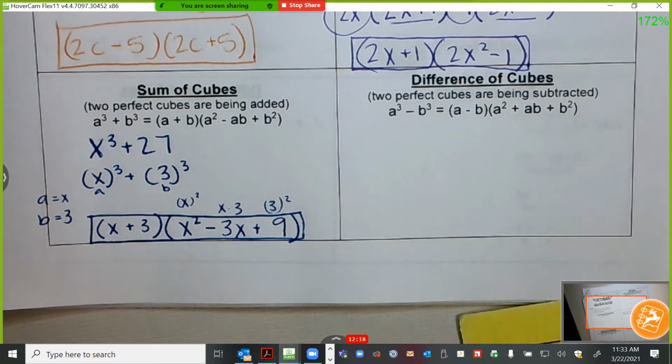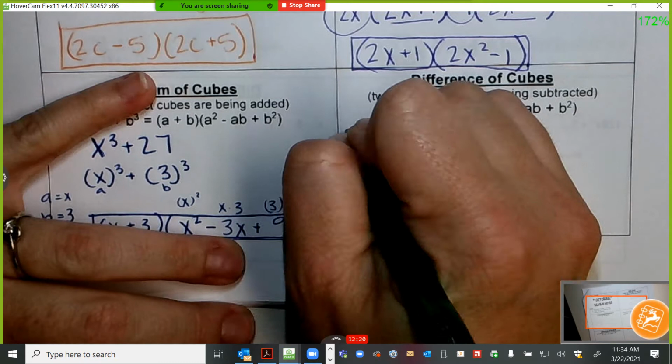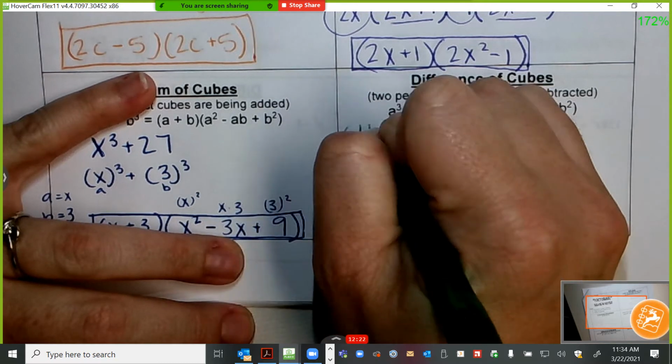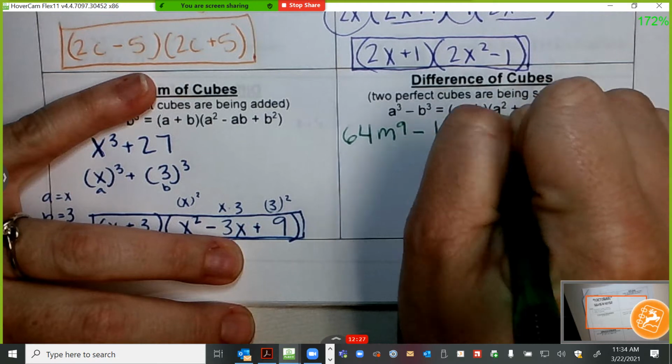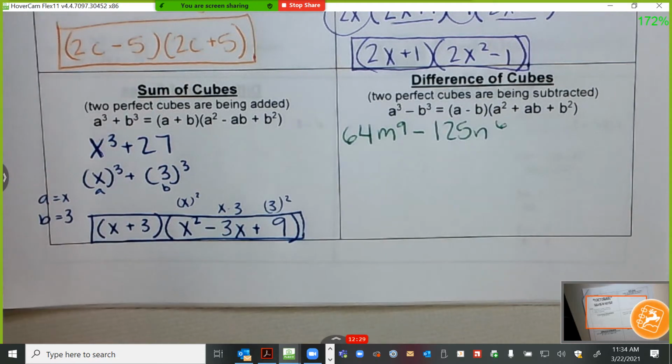Okay, so the last one is difference of cubes. This one's going to be a little tricky. That's m to the 9th power, by the way. I kind of drew that kind of low.